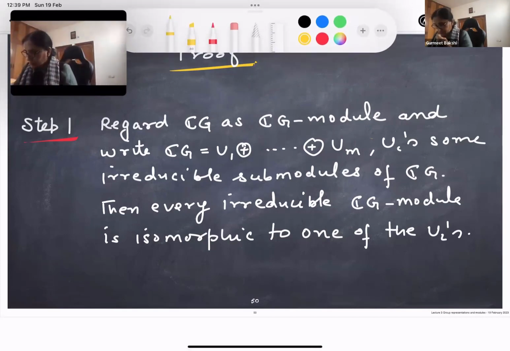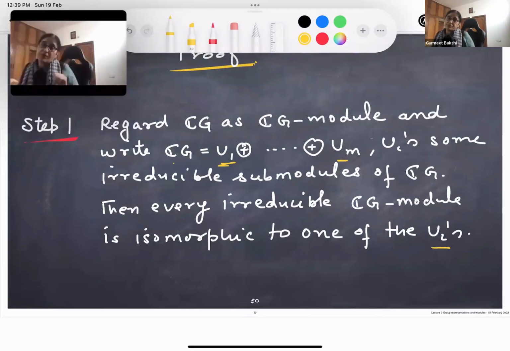Or if you take an algebraically closed field, then you take its characteristic to be coprime to the order of G. Again, the same thing you will do. So you break CG as a direct sum of irreducible CG modules. Then this says that every irreducible CG module is isomorphic to one of the U_i.